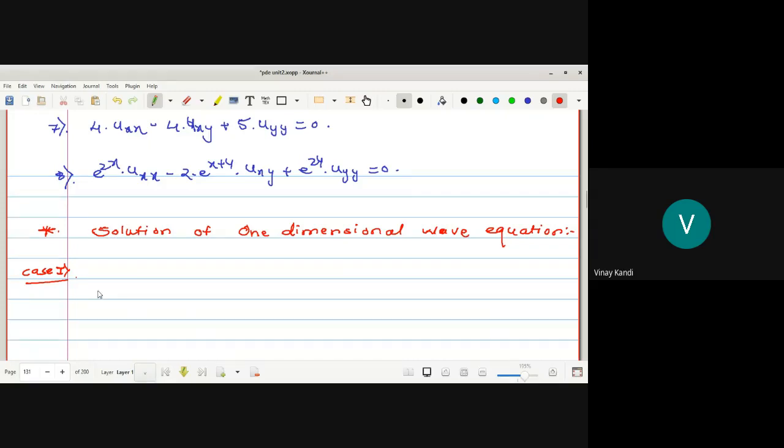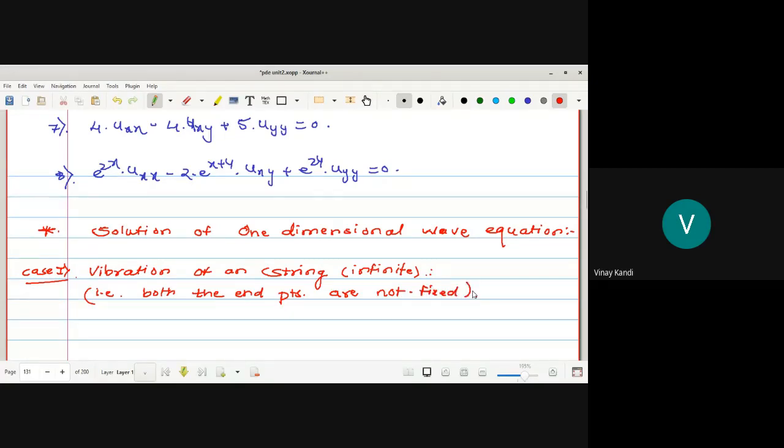So in case one, the vibration of a string is infinite, or an infinite string, that is, both the end points of the string are not fixed.